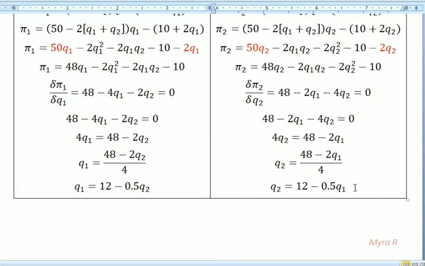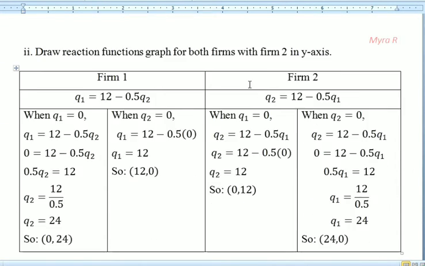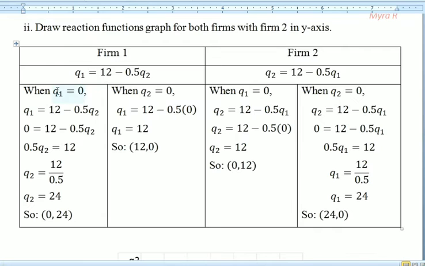Then we are going to draw the reaction function graph for both firms, with firm 2 on the Y axis. So we rewrite the Q1 and Q2 functions from the previous calculation. We assume Q1 equals 0 and substitute it.